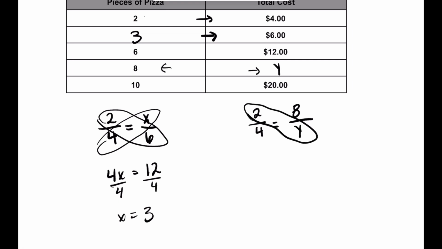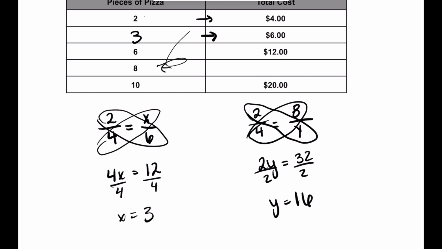And we cross multiply. So 2 times Y gives you 2Y equals 4 times 8, which is 32. From here, we're going to divide by the 2 on both sides to get Y by itself. And Y is equal to 16. So your Y value here, which is your missing value, is $16.